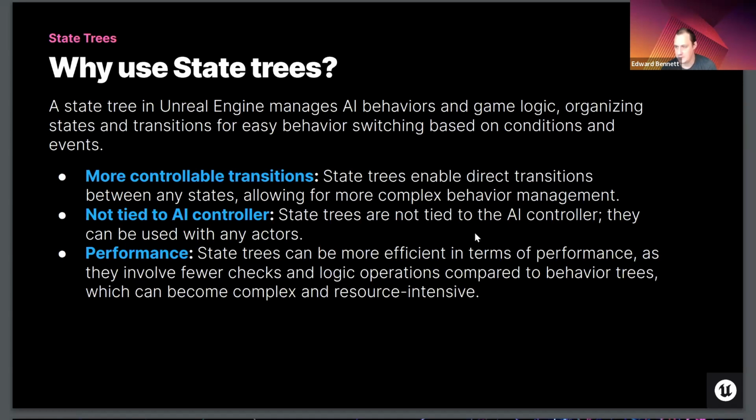It's used massively in Fortnite because walls and stuff like that, they all have different states they can be in. Finally, it is performant. A state tree is slightly more efficient as it involves fewer checks and logic operations, where a behavior tree can become quite resource intensive.